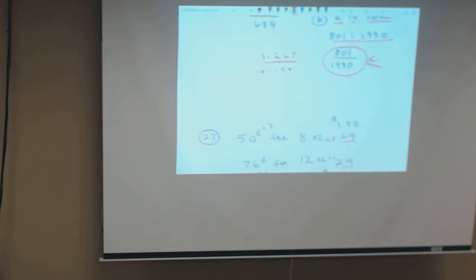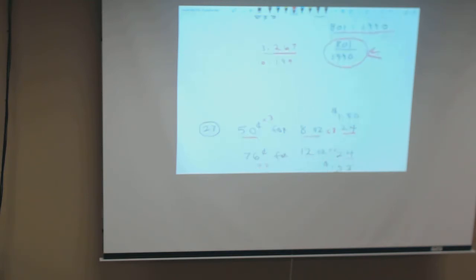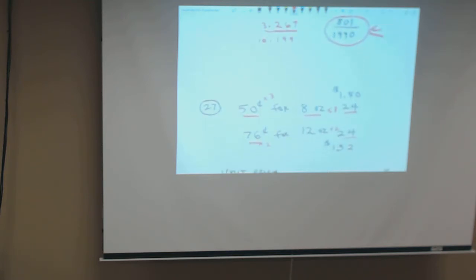Number 27. A supermarket is selling crackers, 50 cents a box for 8 ounces and 76 cents a box for 12 ounces. Find the unit price. Okay, 50 cents.